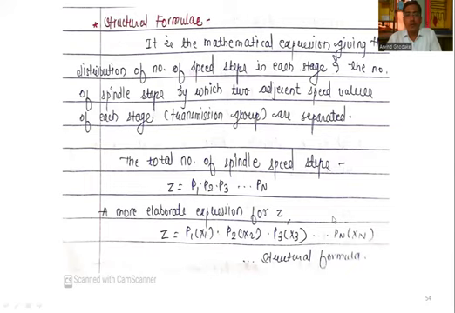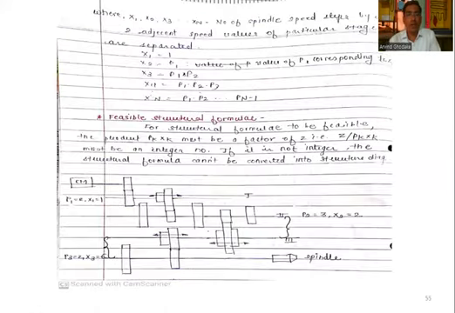A more elaborate expression for Z is Z = P1^x1 · P2^x2 · P3^x3 ... Pn^xn. This formula is called the structural formula. It gives the mathematical expression for the distribution of the number of speed steps in each stage and the number of spindle speeds by which two adjacent speed values of each stage can be separated.